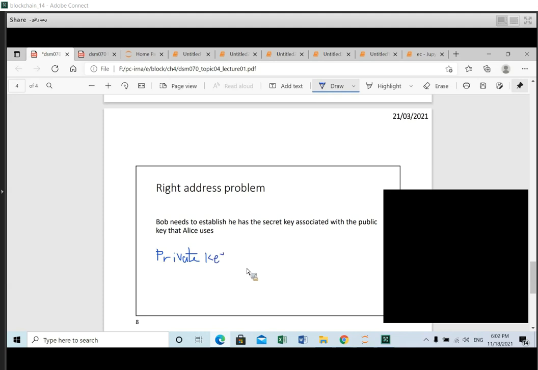Bob, like everybody, has a private key. It's a secret key, okay? Bob has a private key. Since he has a private key, he has an associated public key.